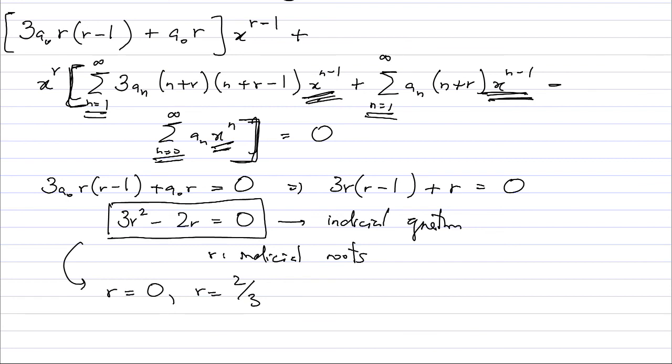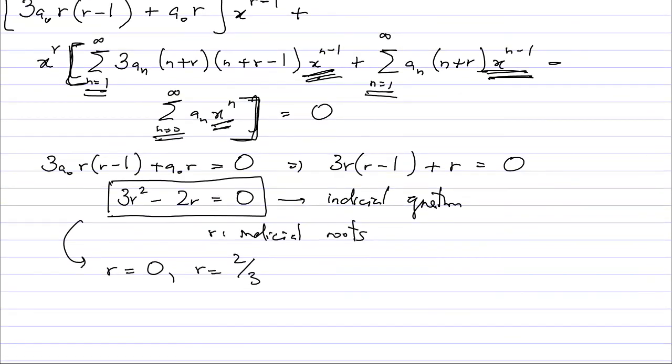Again I can define n prime is equal to n minus 1, play that whole game again that you should be familiar with now. Write down the first sum in terms of n prime rather than n, and then go back to n. If I do that, I'll find that the sum can be written as n is equal to 0 to infinity 3a_(n plus 1) (n plus r plus 1)(n plus r), because I'm replacing n with n plus 1, x raised to power n.